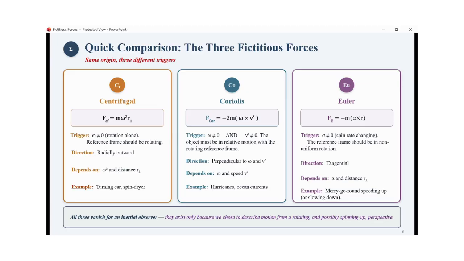These forces exist only when the observer is observing the motion of an object from a non-inertial frame, from a rotating frame, and possibly if this rotating frame is non-uniformly rotating, then all three types of forces are present.